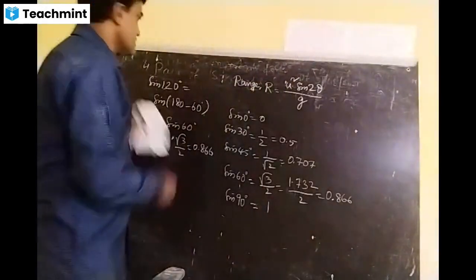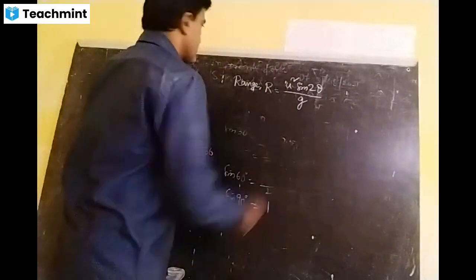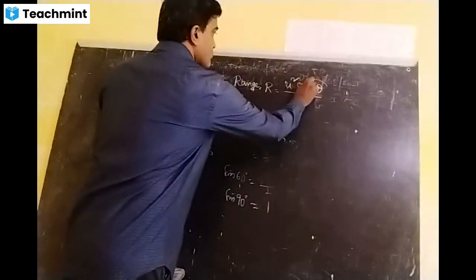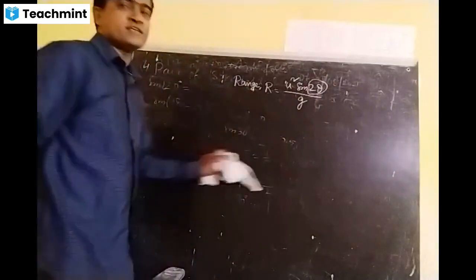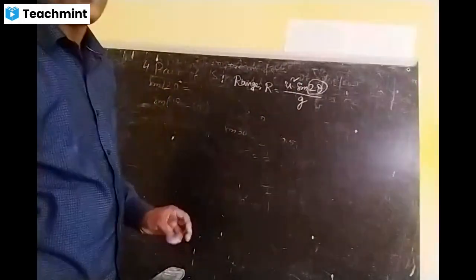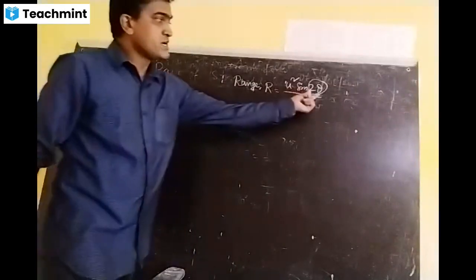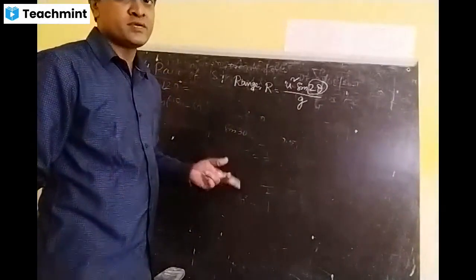Now, if you remember this, sine 90, then what should be the value of 2 theta here in order to have maximum range? 45 degrees. Why 45 degrees? 2 theta must be equal to 90 degrees.